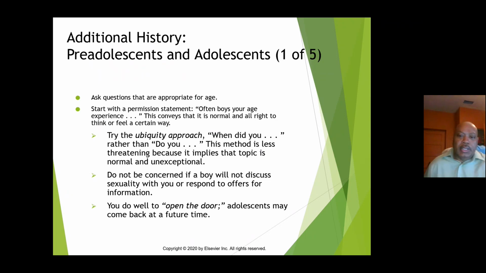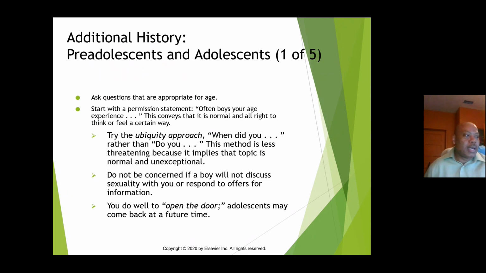As it mentions here, this is a method that is less threatening because it implies that the topic is normal, unexceptional, not something out of the ordinary, if you will. You should not be concerned if the child does not want to discuss sexuality with you, or may not even want to respond to your offers for this information.